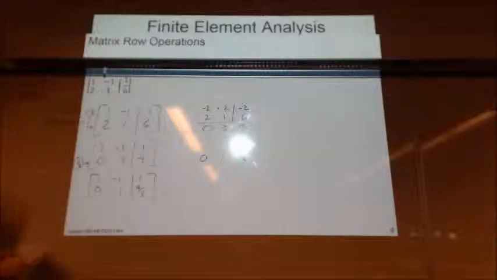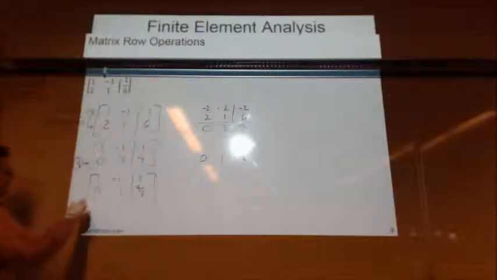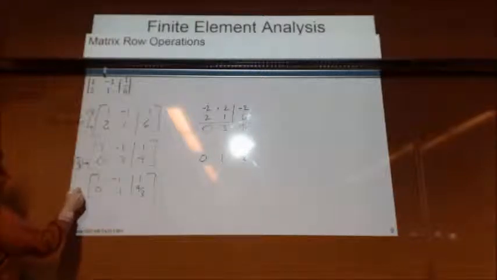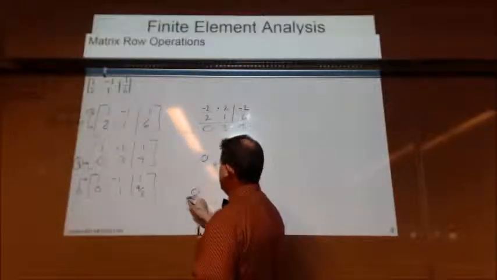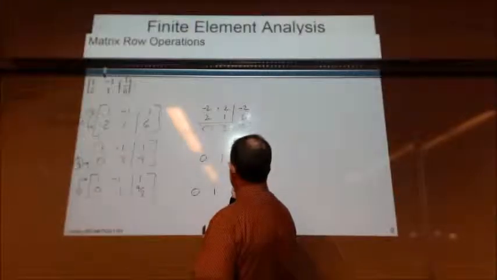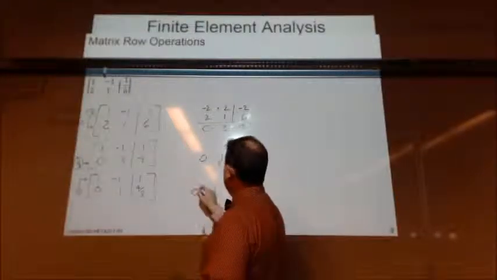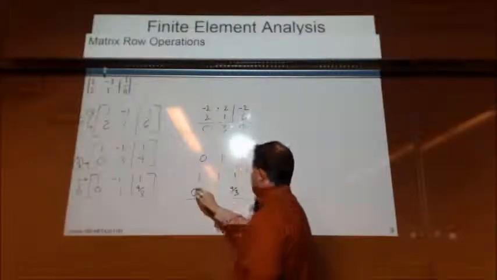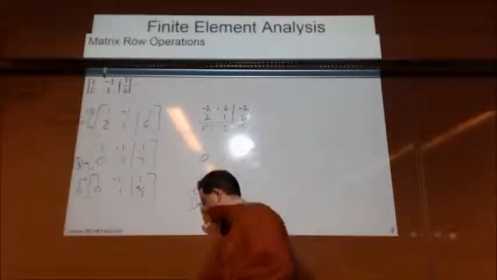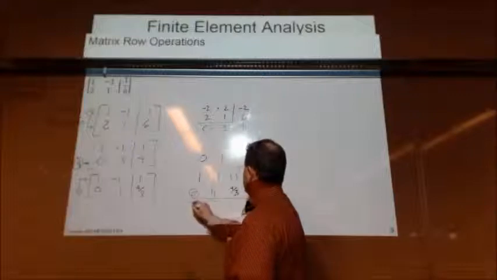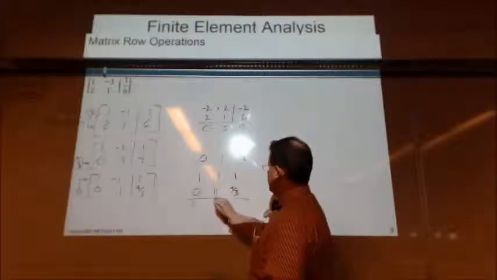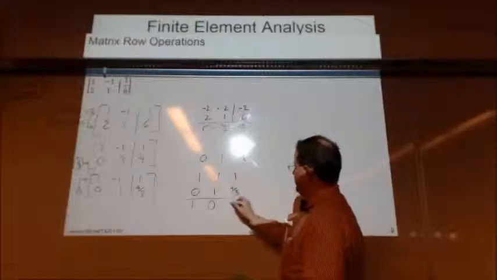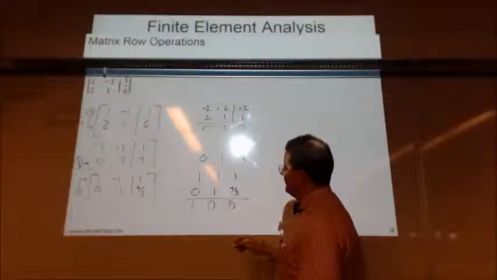We've already done that. But in order to get this to go, we need to multiply this row by 1 and add it to this row, right? So I have 1 times 0, 1 times 1, 1 times 4/3. And we're going to add it to this row. So minus 1 plus 1 is 0. 1 plus 4/3 becomes 7/3.